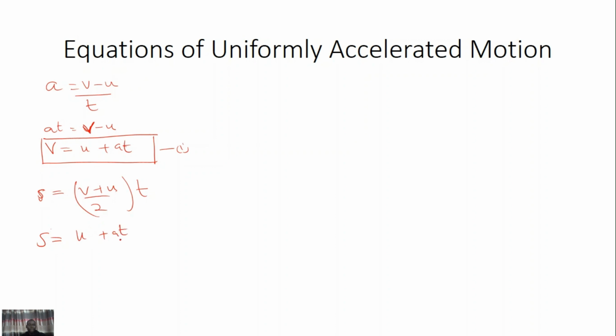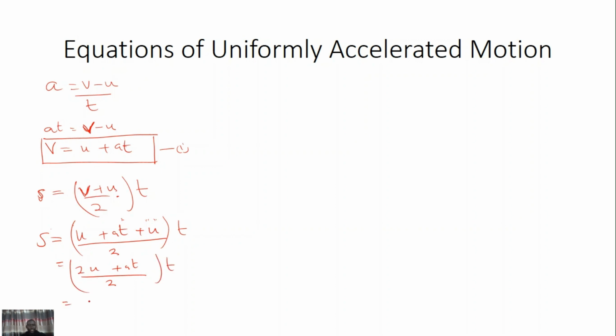Here, this v is u + at, and this u is u, everything divided by 2, times t. This will be equal to (2u + at) divided by 2, times t.